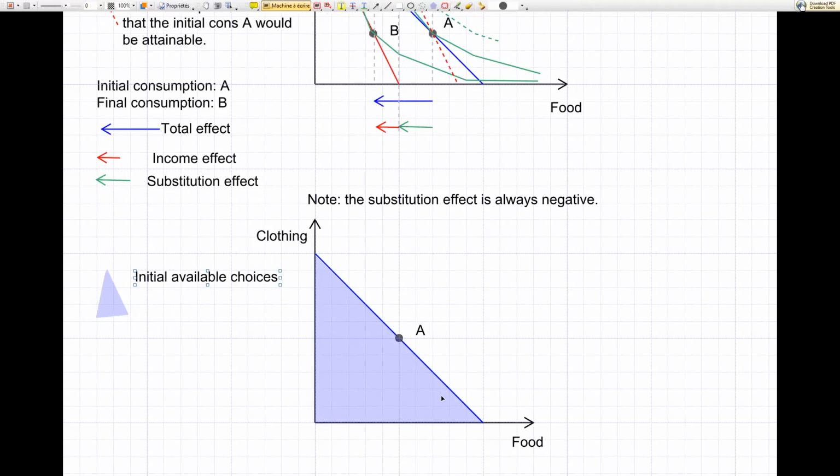If, for instance, this bundle was preferable to A, that person would have chosen it because it's affordable. The person chose A because that's the thing that was best. And now we change the relative price such that A is still available.